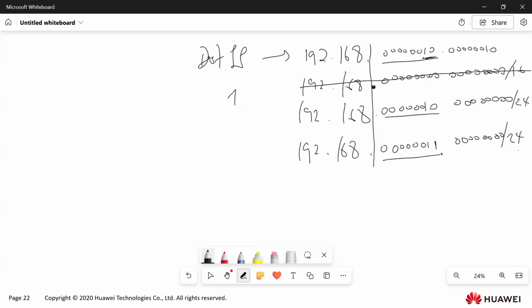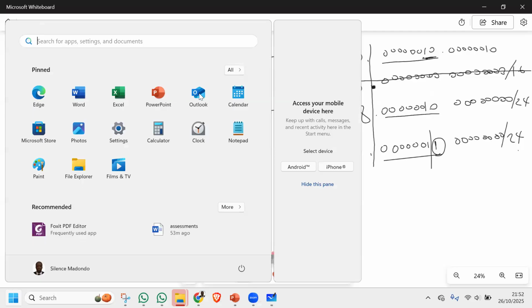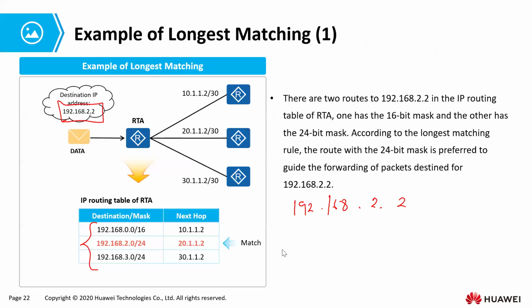If we look at this part, it matches up to here, then this part does not. So evidently, when we look at the longest match, it remains this one. It's very simple actually. You are just matching bits, from the IP address I have and from the entries I have, matching bits one by one to find where the longest match is. Therefore that route is the one which will be chosen to send my packet to the destination network. Simple logic.